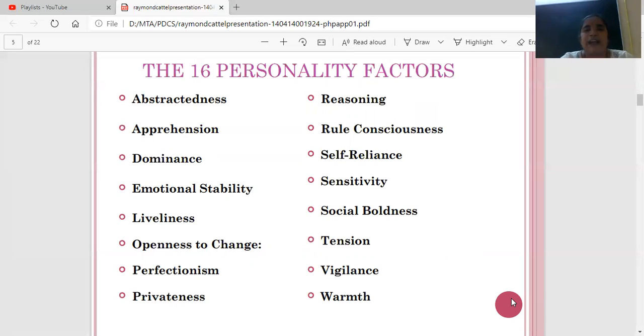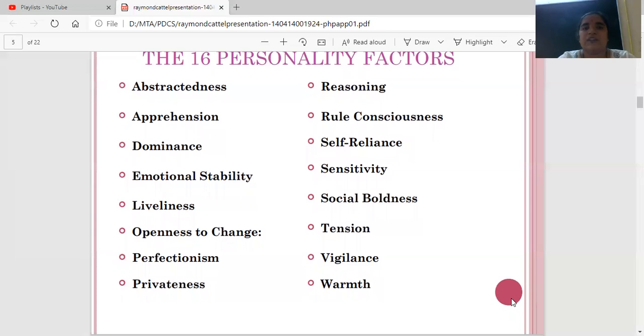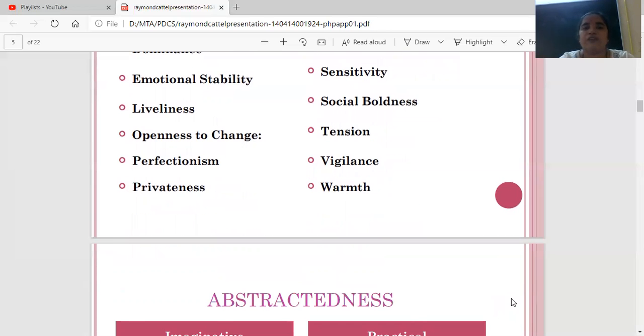So those 171 factors which Raymond Cattell found were boiled down into these 16 broad personality factors. One by one we will study them.